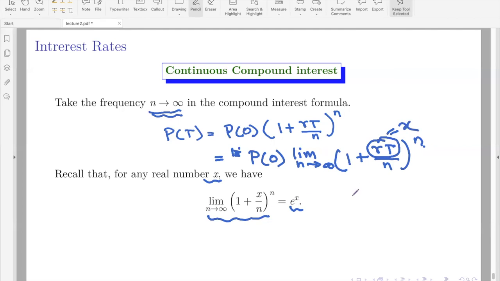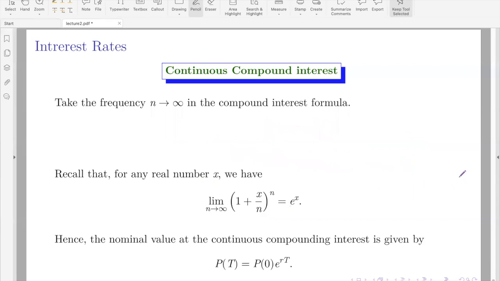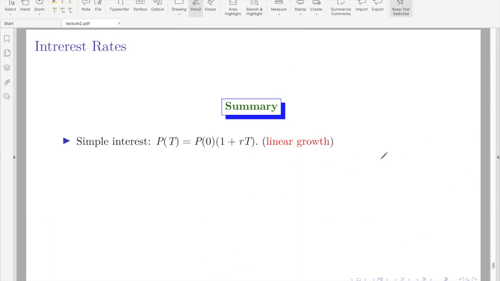You can see that this is nothing but P naught into e to the power of rt. So that is the formula for the continuous compounding interest.